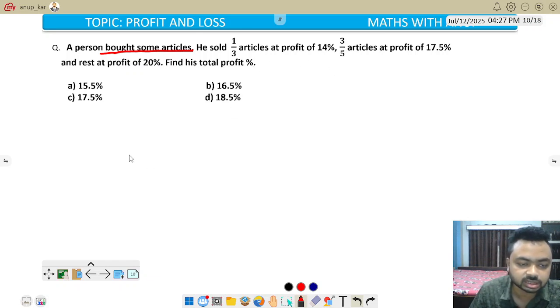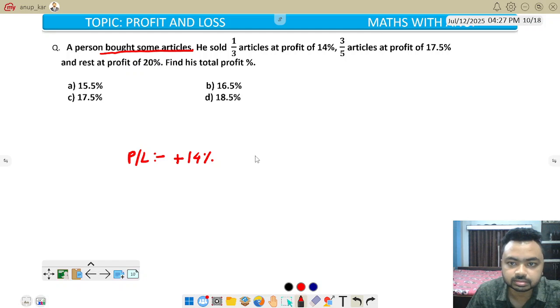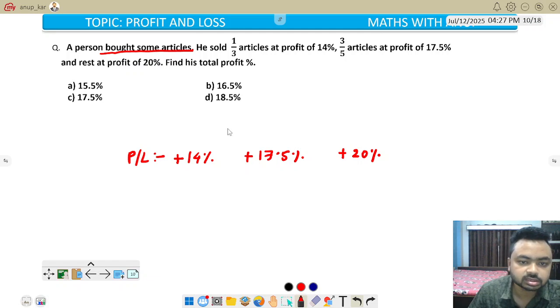So we can do one thing. First of all, let's write down the profit and loss percentage as it is given. 1/3 at 14% profit, then 3/5 at 17.5% profit, and the rest at plus 20% profit.